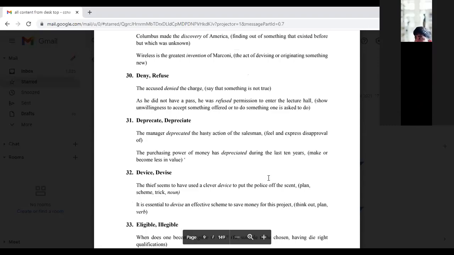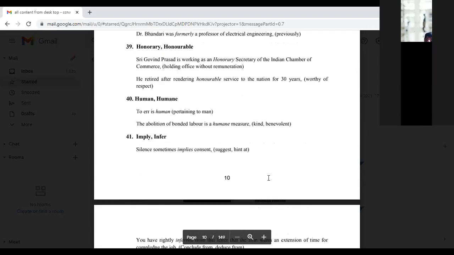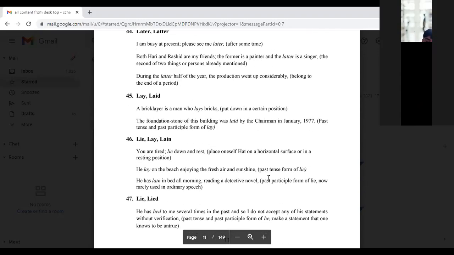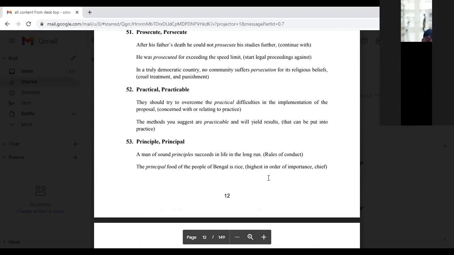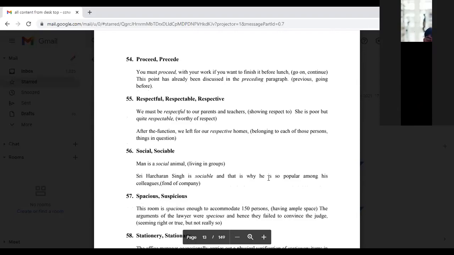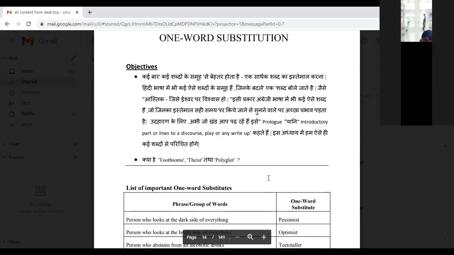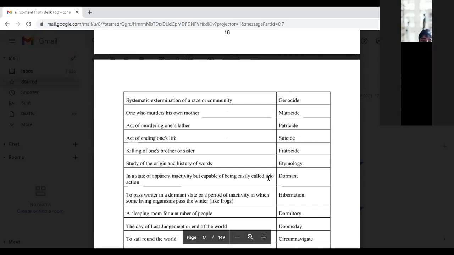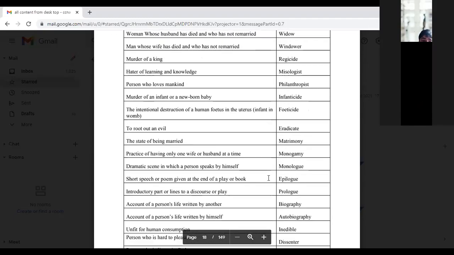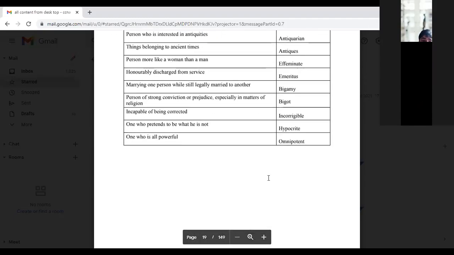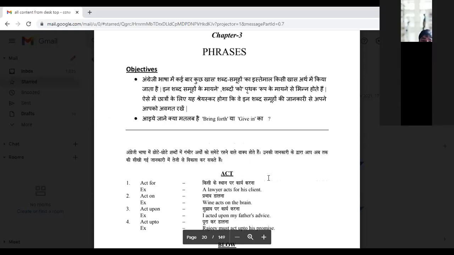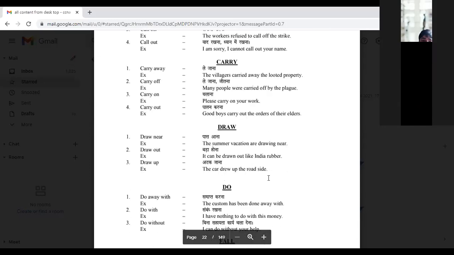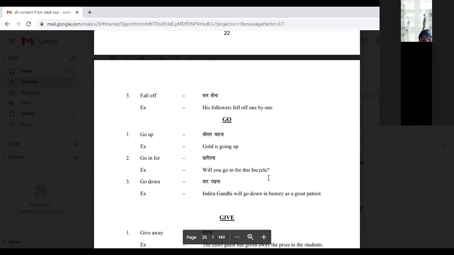Read those chapters. When I say read, I mean learn. So you must be prepared for these words: the one word substitutes, the confusing words, the idioms and phrases. It was all done. I had introduced it. And the book is now in your hand. It's your turn now to start learning them.